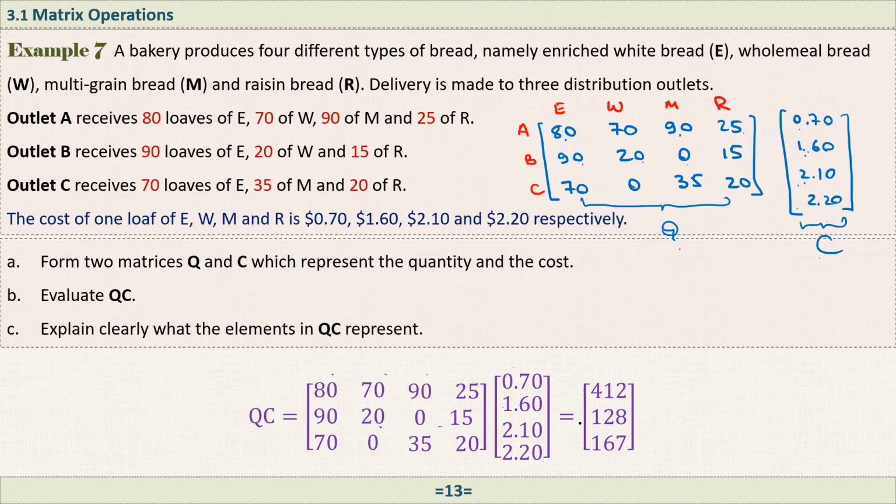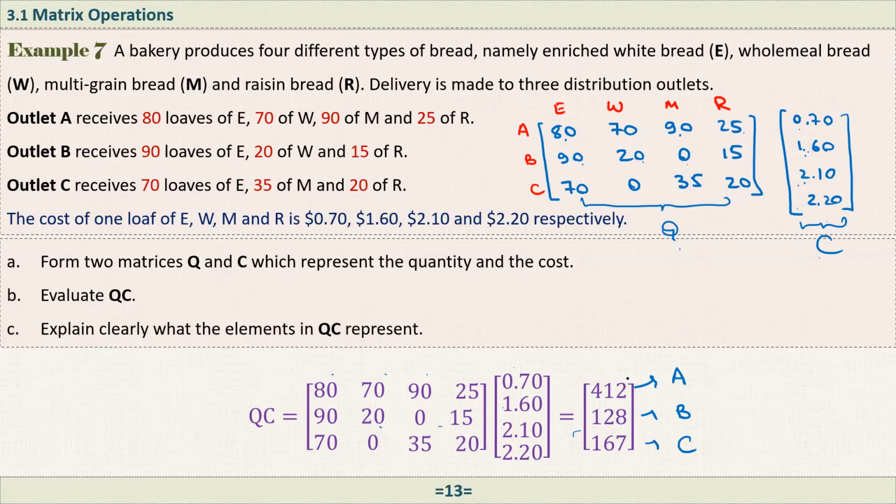And explain clearly what the elements in QC represent. What are these elements representing here? The first element, the second one, third one. It means that that is the total revenue that you collect from outlet A, this one from outlet B, and this one from outlet C. Because at the end of the day, if all products are sold out, you should go and visit these shops again, and you need to collect the revenue.